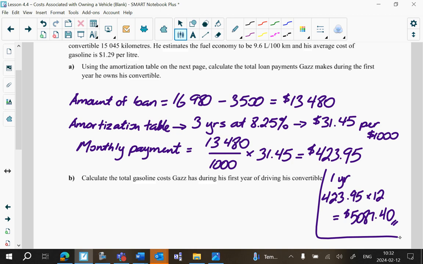And finally, calculate the total gasoline costs he has during his first year of driving this convertible.